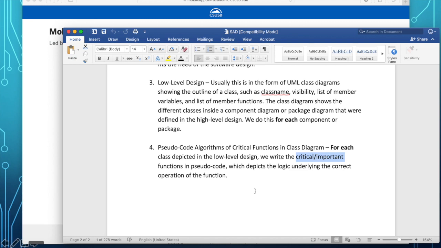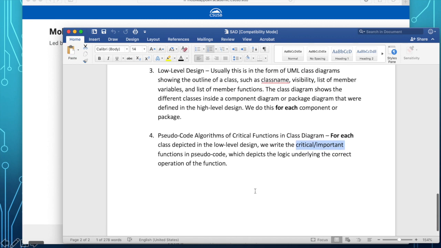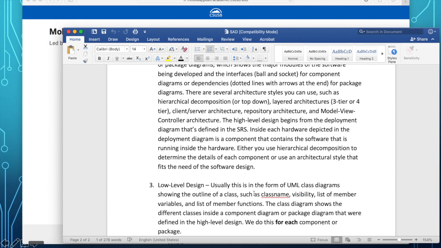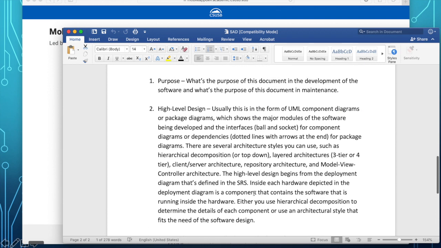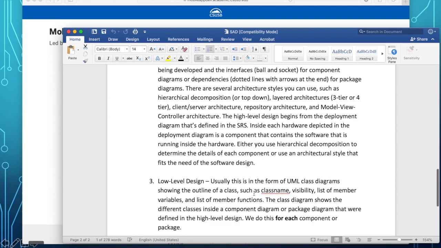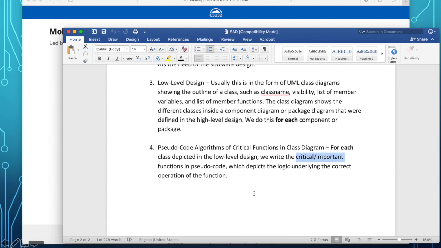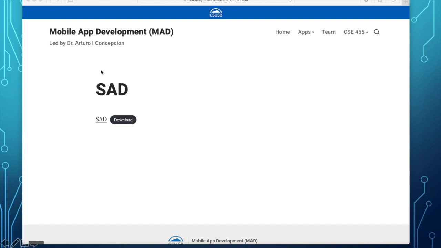Okay, that's the idea. So this software architecture and design consists of three levels: the high-level design, the low-level design, and the detailed design. Okay? Hope you understand that. And let's proceed to the next part.